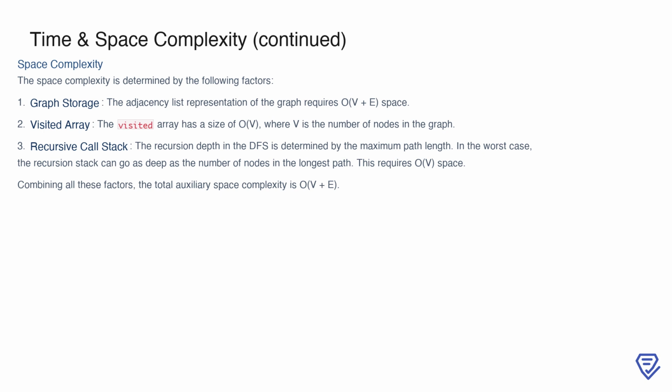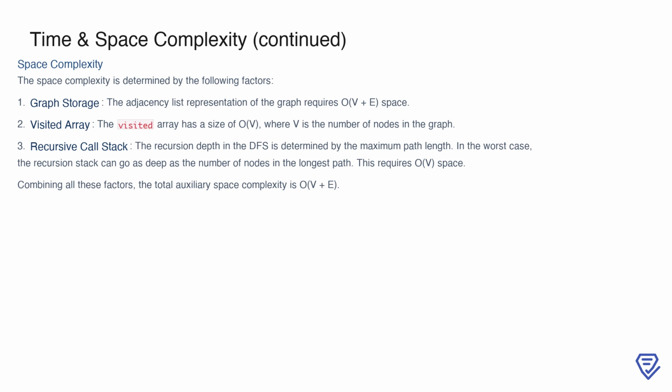Now let's understand the space complexity of the solution. First, storing the graph as an adjacency list requires V plus E space, where V is the number of nodes and E is the number of edges. This is because we need space for all vertices and their corresponding edges. Then, we have the visited array, which keeps track of whether a node has been visited during the DFS.